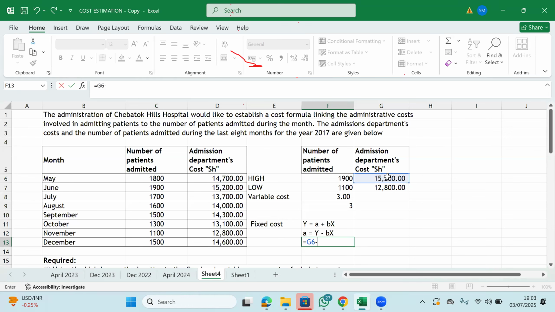We are at fixed cost. So it is our total cost of 15,200 minus the variable cost of 3 times the corresponding number of units. And of course, if you decided to go with the highest, everything revolves around the high. If you decided to go with the lowest, everything would be with the lowest. So our Y is 15,200. Our B we've already calculated as 3 shillings each. And our number of units we already have as far as the high is concerned.